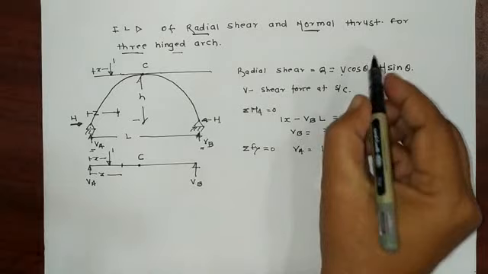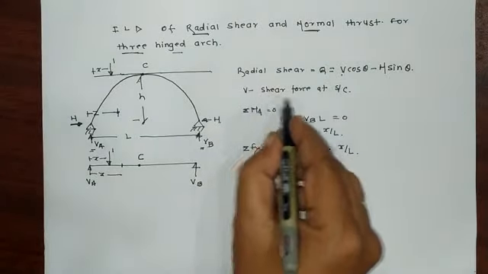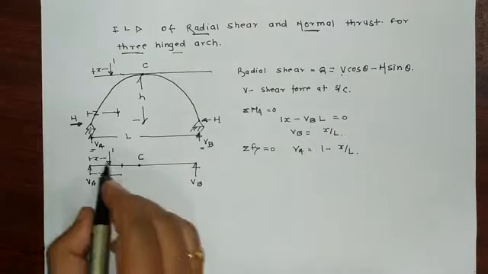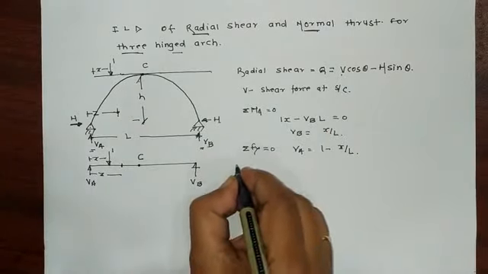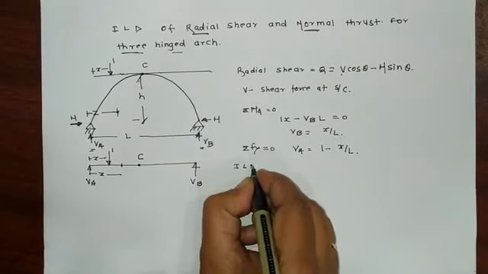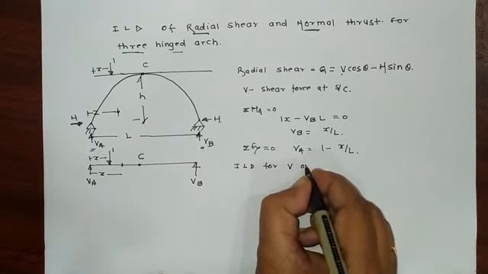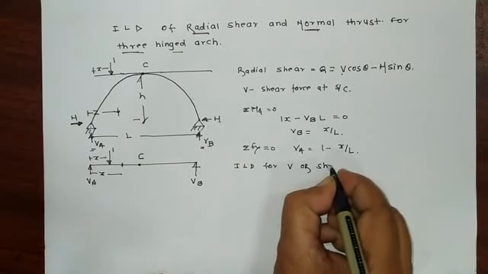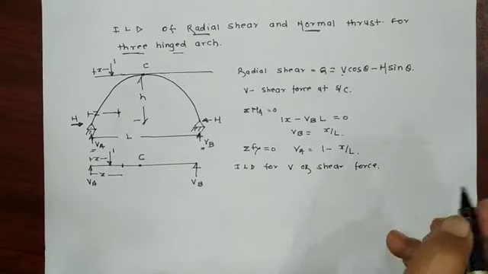Now our aim is to first draw the ILD for this V. V is the shear force at a section, at section means at section Z. Now ILD for this V, or we also call it shear force. So here are two conditions.